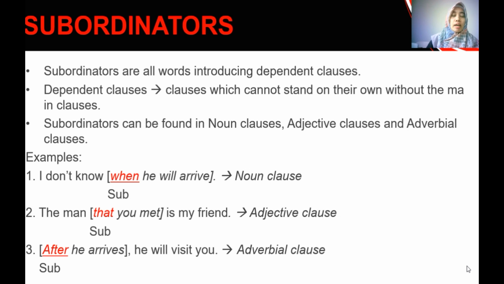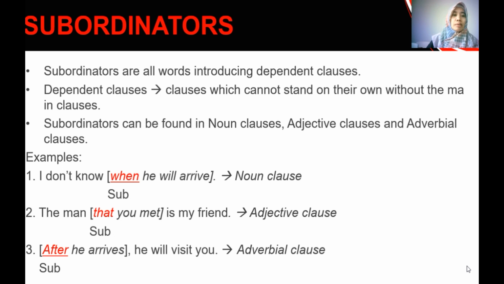Why do I say that dependent clauses cannot stand on their own? Because if we remove the subordinator, it will be meaningless, or the meaning will be different. For example, if we remove the word when here, just I don't know he will arrive, the meaning will be different, or it doesn't make sense, right?